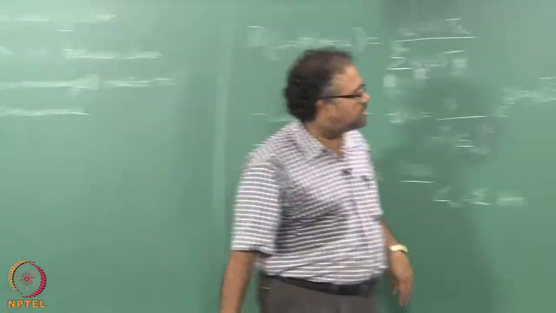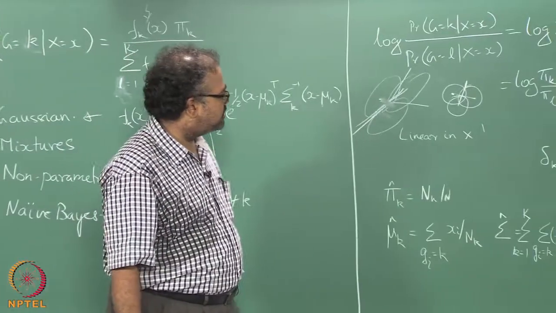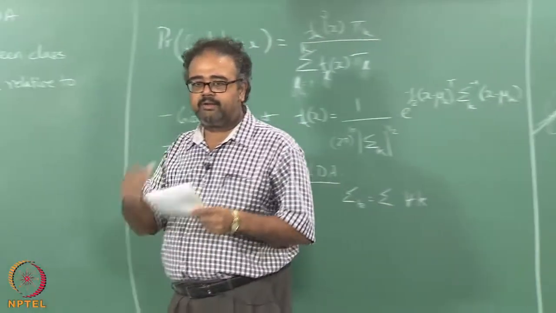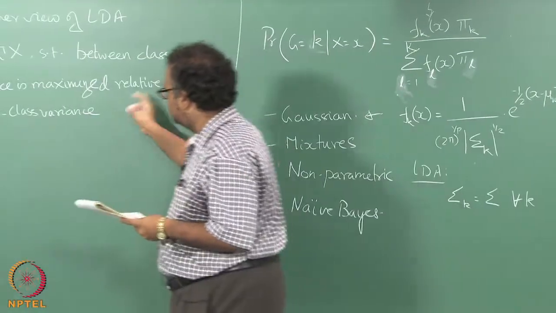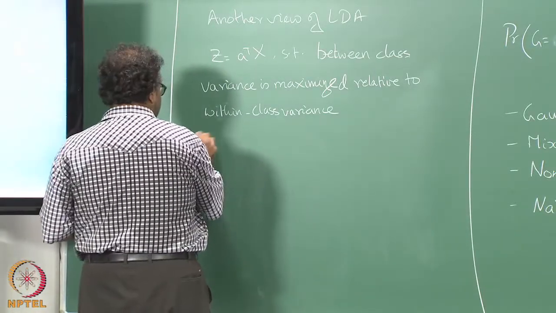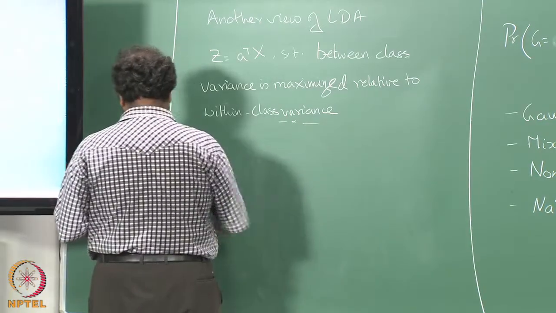So that is what we already computed, but for each class. So within class variance is essentially what I am looking at here. So let us just treat the first condition alone.